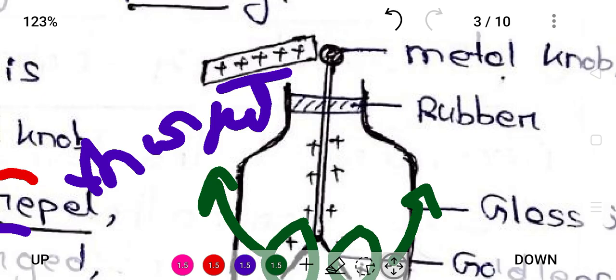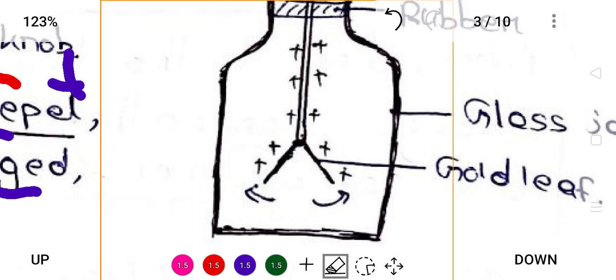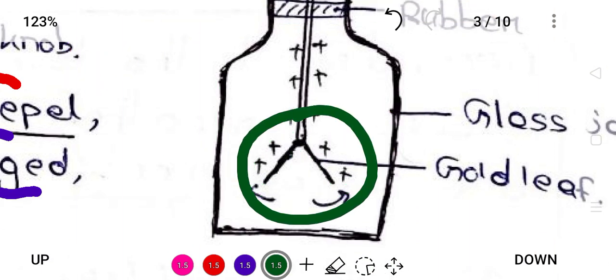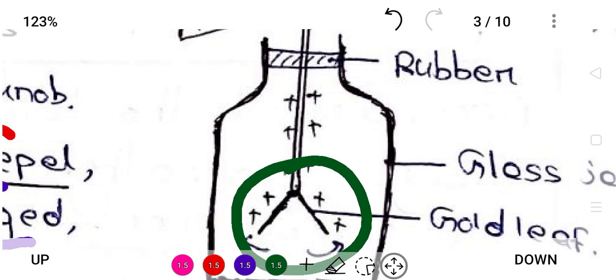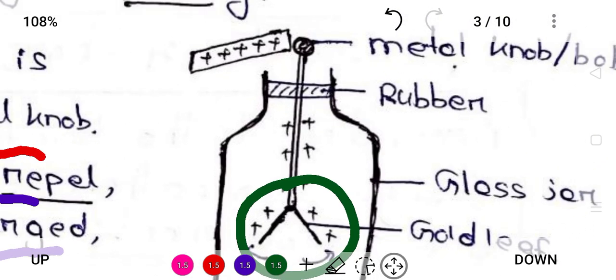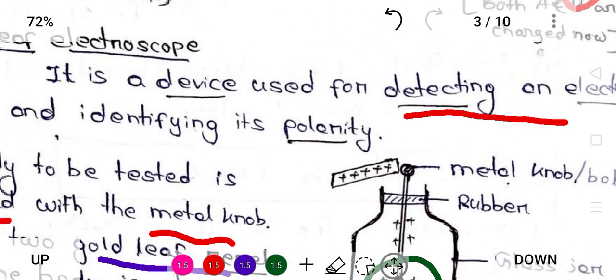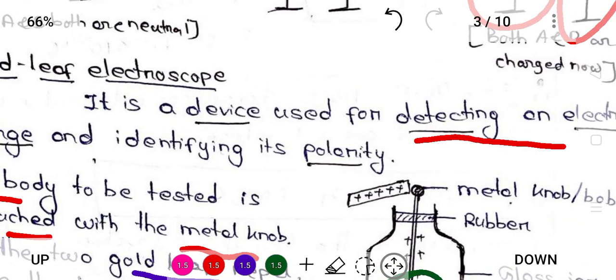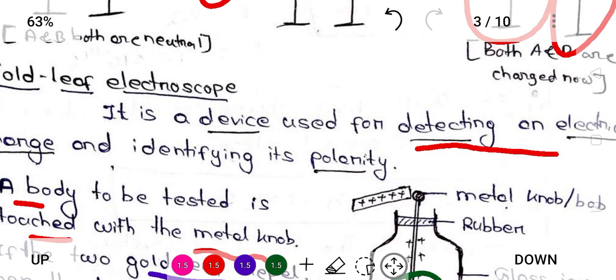If it is not repelling, means there is no motion here, these are just frozen, then this object is not charged. So this is a device, the gold leaf electroscope, used to detect whether an object is charged or not.